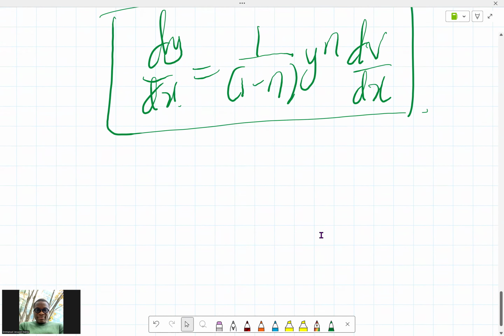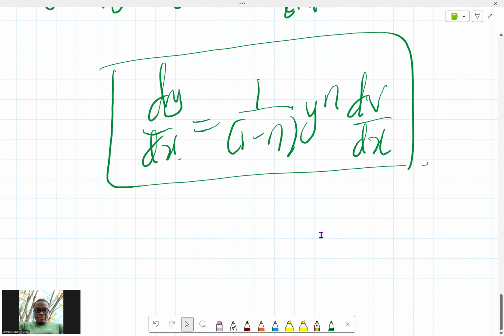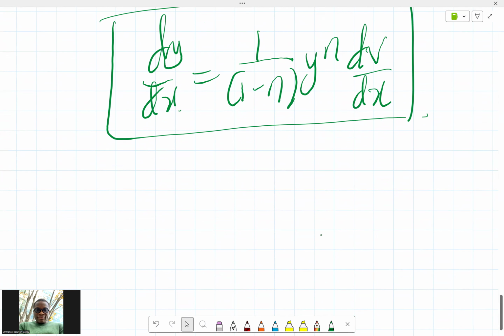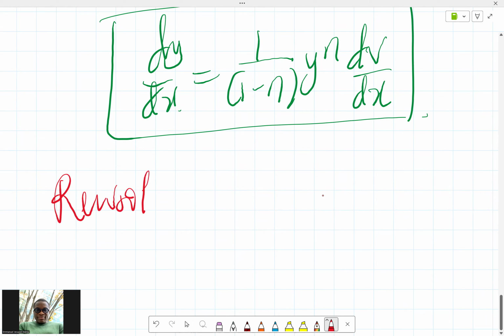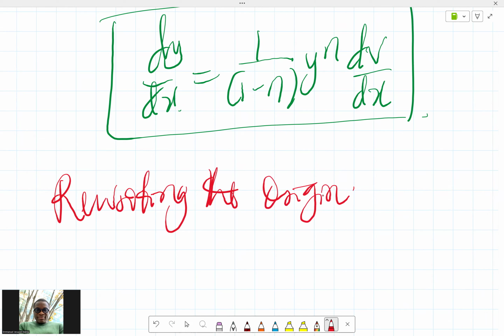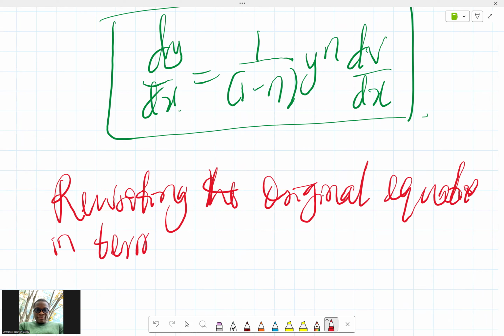With all this that we have, we can rewrite that. I guess I want to color code at this point. So, rewriting the original equation in terms of v, we have this expression now.